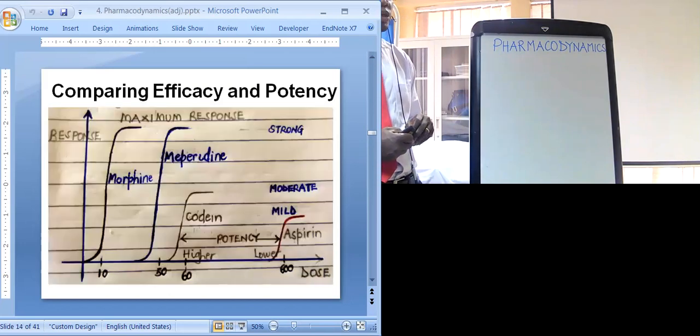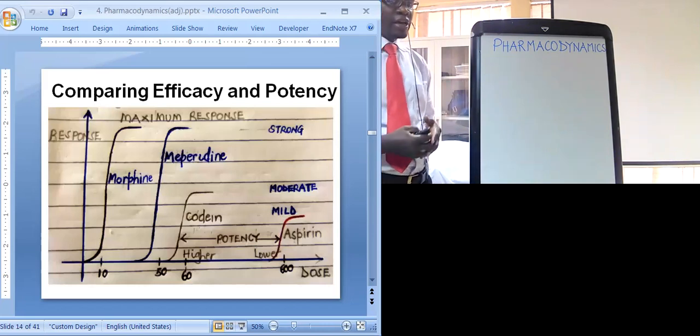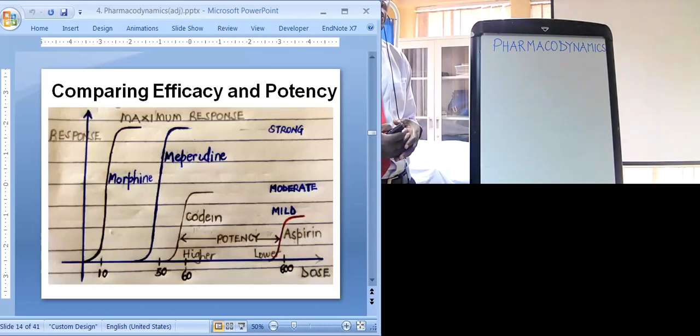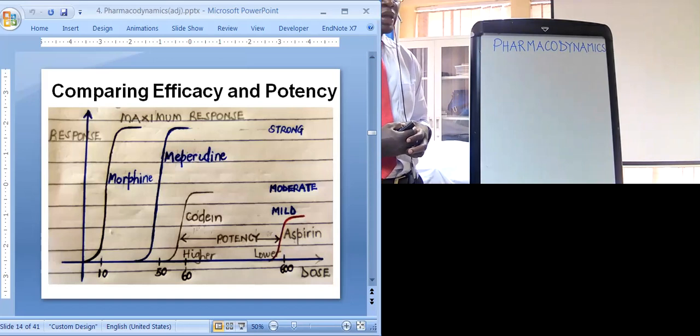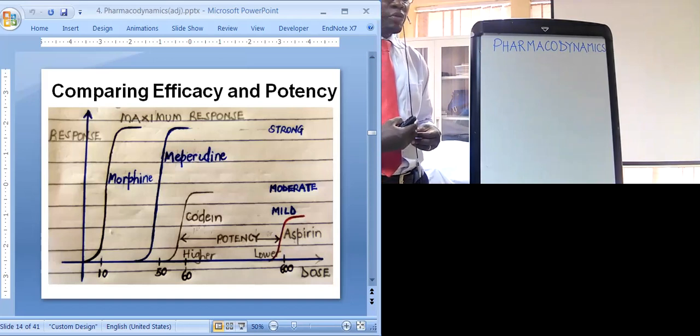We had mentioned that in that diagram, as you see, morphine has a higher potency than pyridine. However, they are both efficacious.